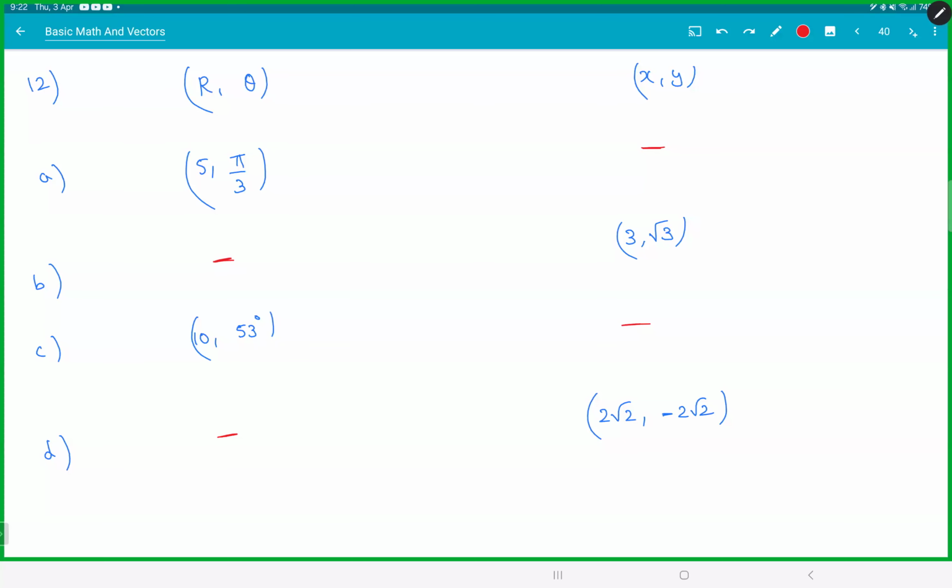Yeah, we do have concepts like slope, but we'll not get into so much.